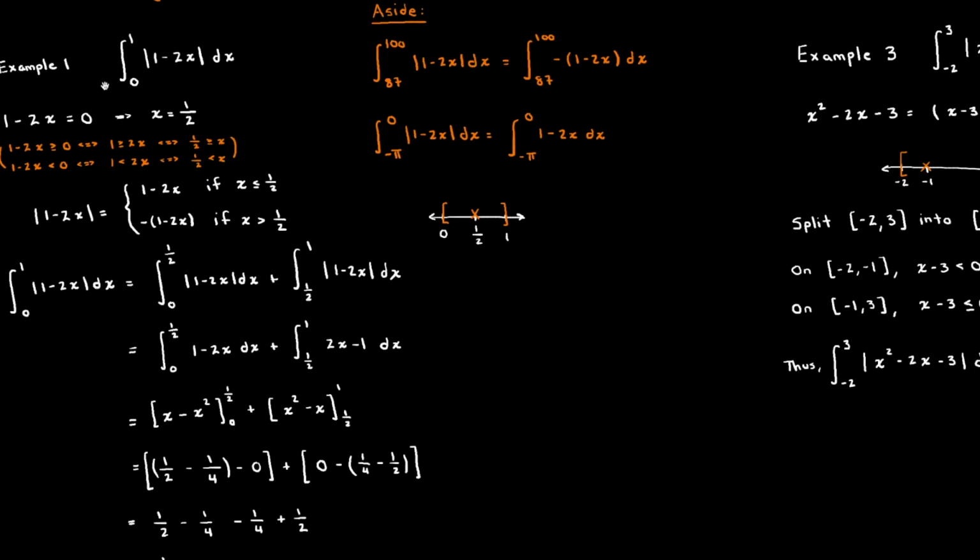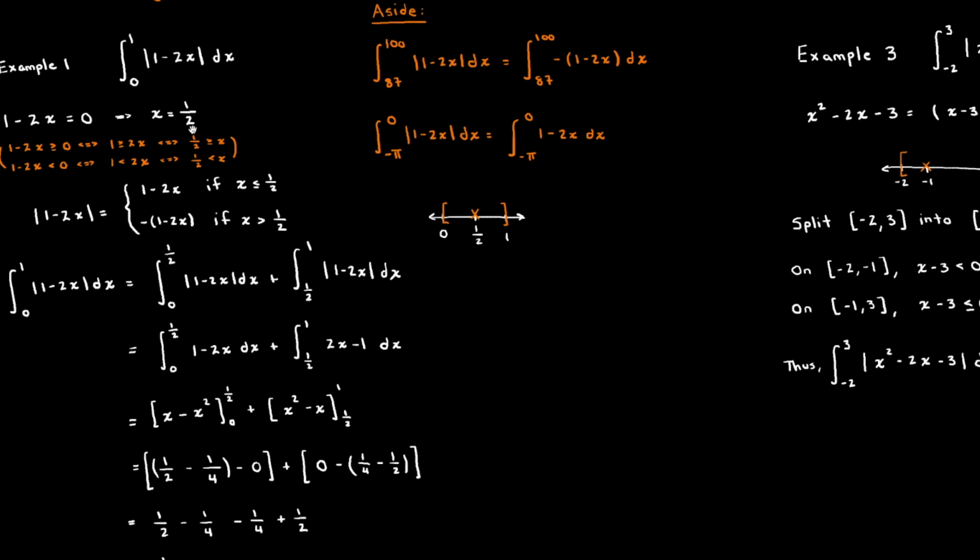Okay, so having a look at example 1, we are asked to find the value of the integral from 0 to 1 of the absolute value of 1 minus 2x. The first step will be to understand where the sign of 1 minus 2x changes. To do that, we can just solve 1 minus 2x equals 0, and this will give us x equals a half.